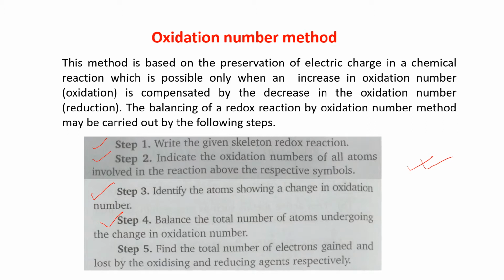You will balance the atoms which are undergoing oxidation or reduction, that means change in oxidation number. Step 5: find the total number of electrons gained and lost by the oxidizing and reducing agent respectively. This is your step number 5. When you do the balancing of the equation, all these steps will be clear to you.